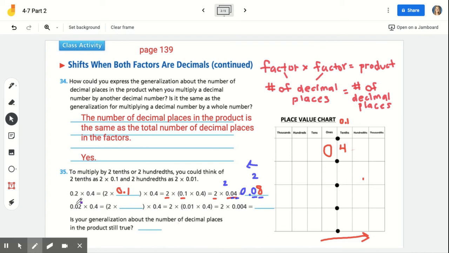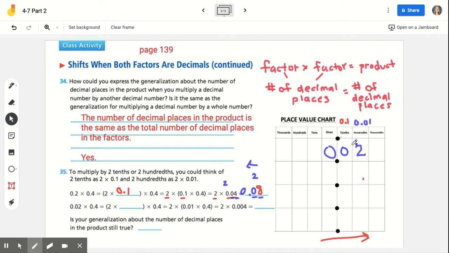So 2/100 times 4/10. Again, 2 times what gives us 2/100? What place value is the 2 in? The hundredths. Remember, we can use our place value chart and our place value understanding. Anytime I have a digit and I'm multiplying it by its whole number, we can multiply its place value in order to get that number.